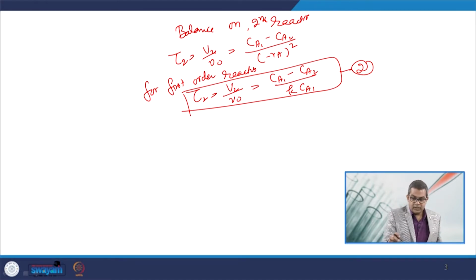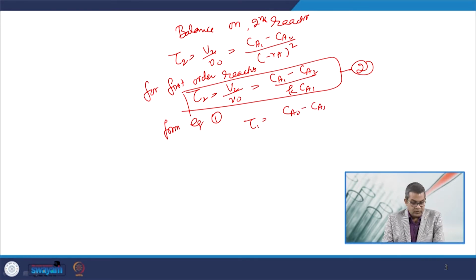Now from equation number 1, if we recall it, tau 1 is equal to Ca naught minus Ca1 upon K Ca1.